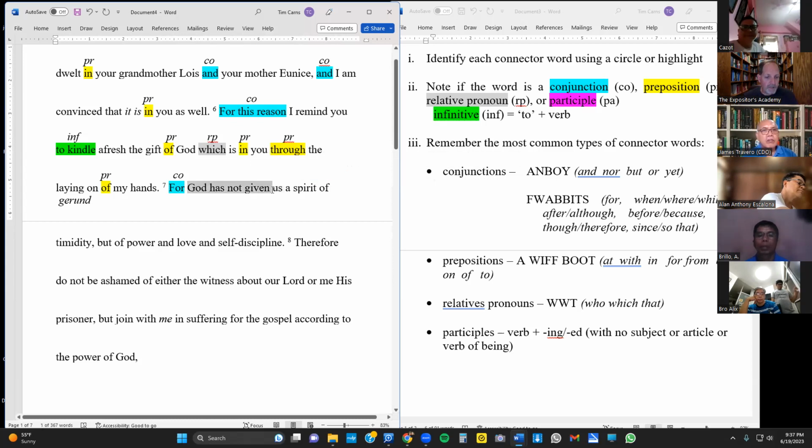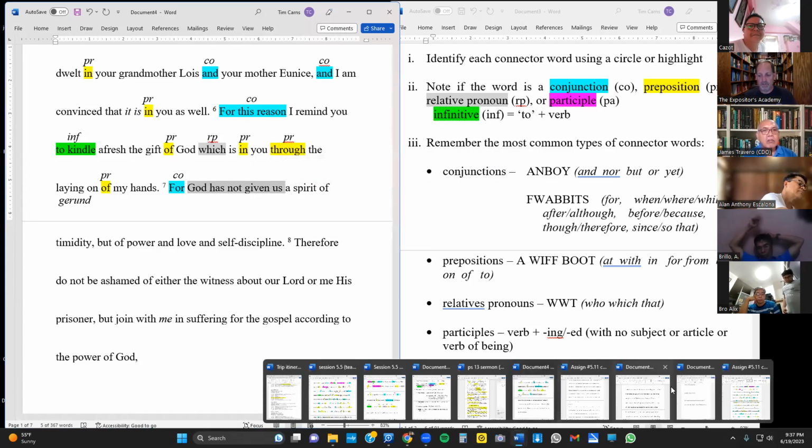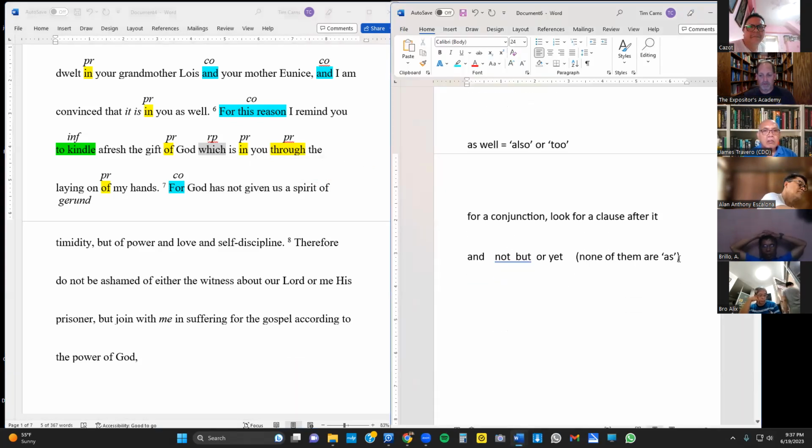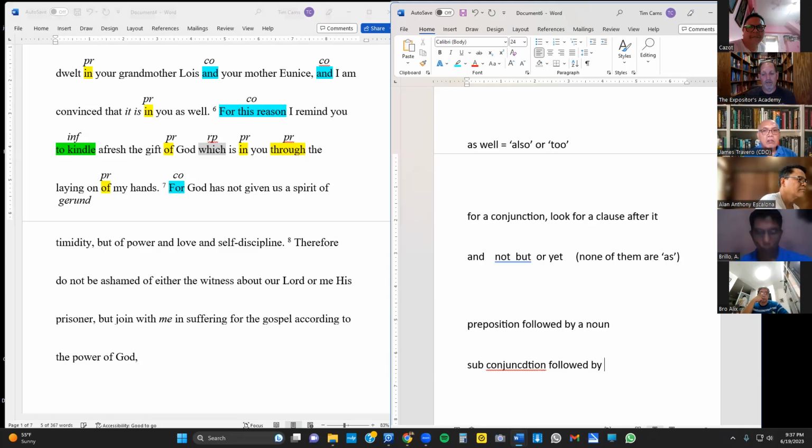So if it's followed by a clause, it cannot be a preposition. Remember, prepositions are only followed by nouns. A preposition is followed by a noun, but a subordinating conjunction is followed by a clause.